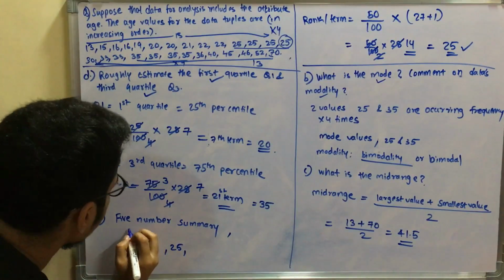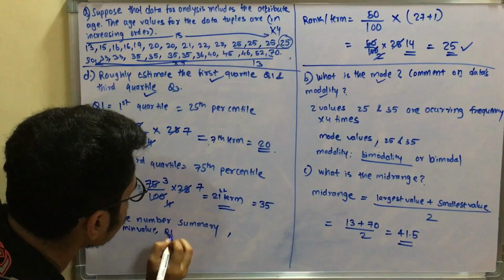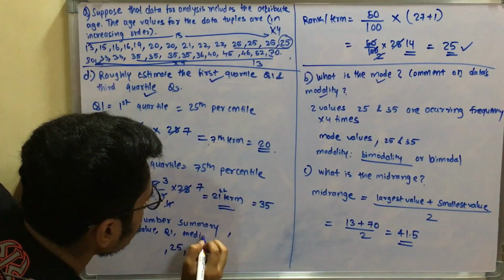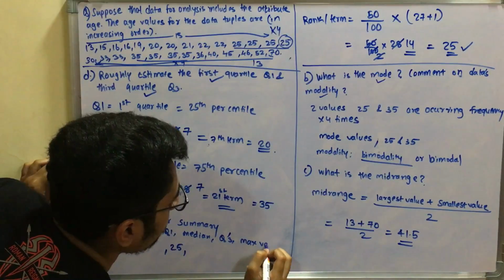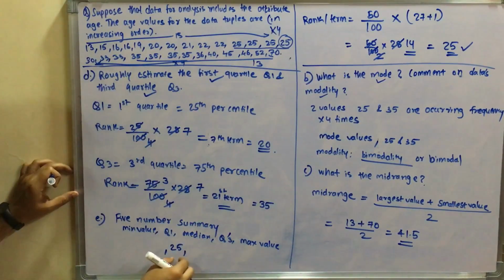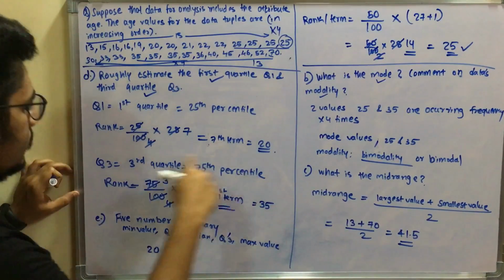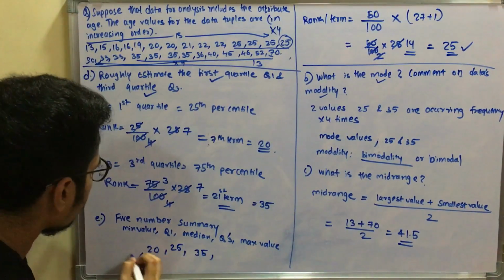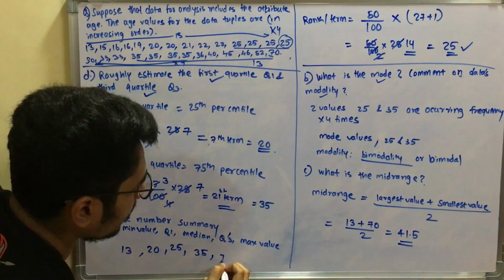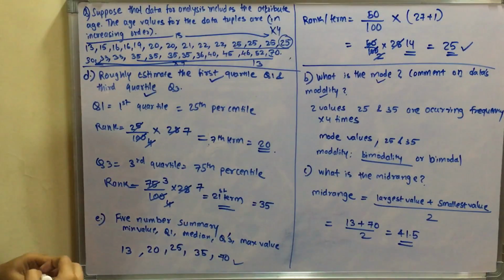It is given by basically the min value, your first quartile, your median, your third quartile, and max value. So you have the median value as this, then Q1 comes this, that is 20, then you have Q3, that is 35, then you have the min value, that is 13, and then you have the max value, that is 70. So this is the 5 number summary for this.